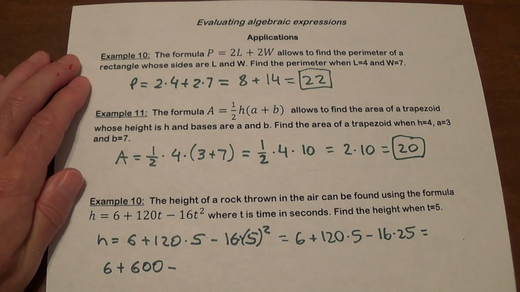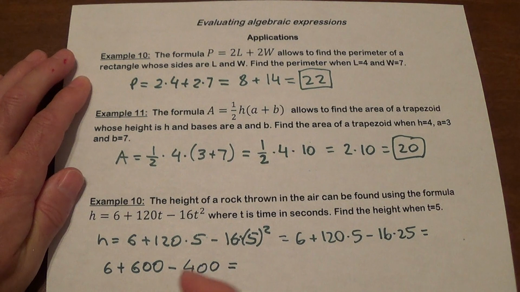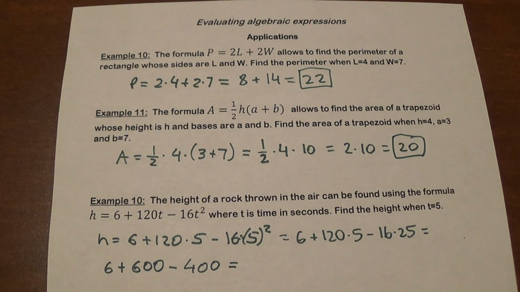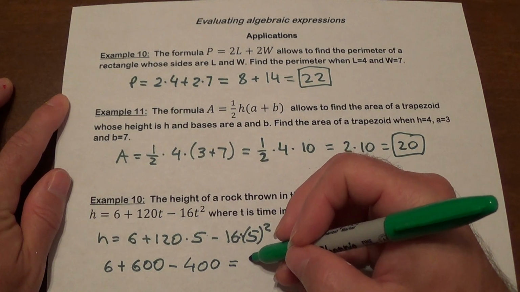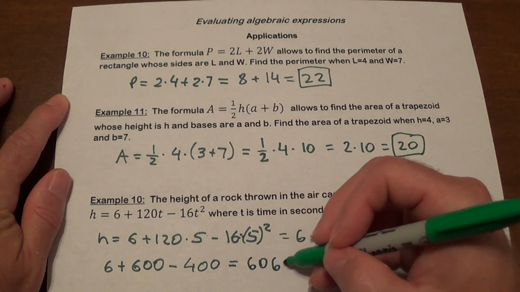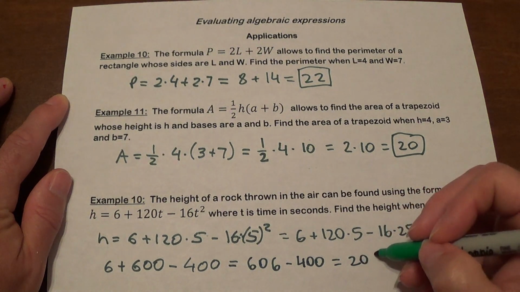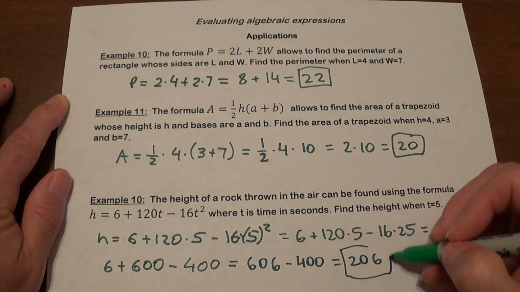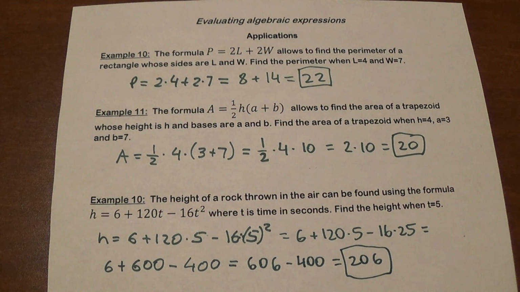Correct. So all we have left now is addition and subtraction. We can do it left to right. So 6 plus 600 is 606 minus 400. That gives us 206. So the height of that rock when t equals 5 is going to be 206.